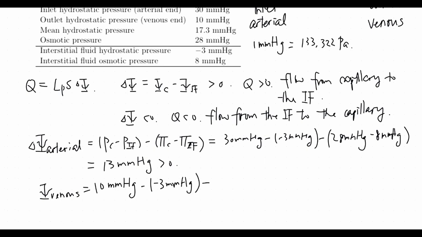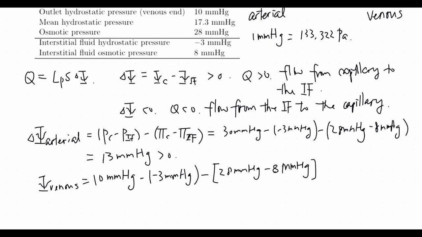Subtracted the same thing, 28 millimeter mercury subtracted by 8 millimeter mercury. It gives us minus 7 millimeter mercury. So it's less than 0.